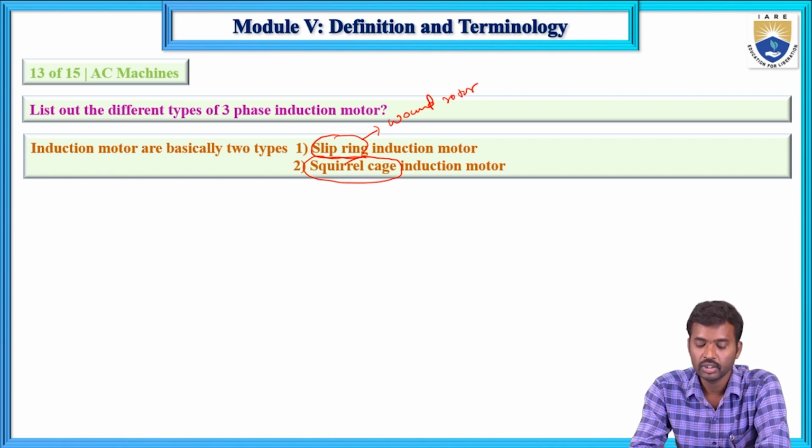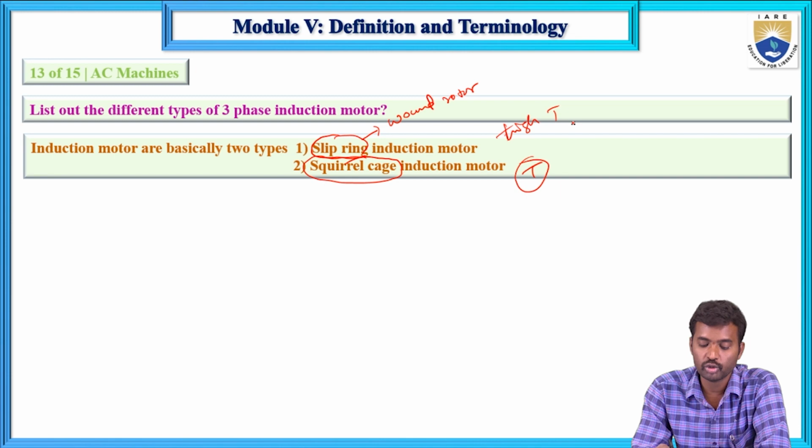For medium torque we will use the squirrel cage induction motor. For high starting torque we will use slip ring induction motors.